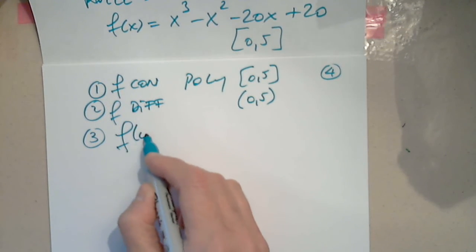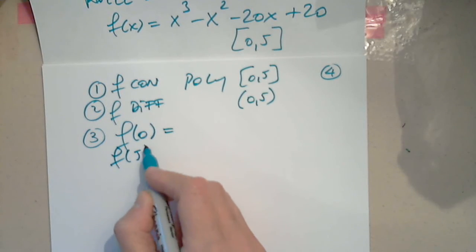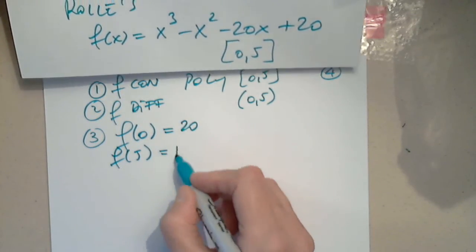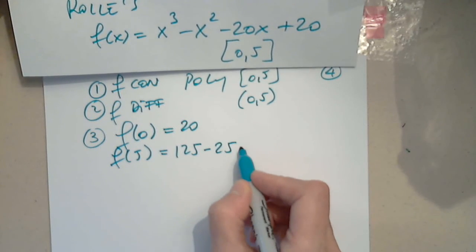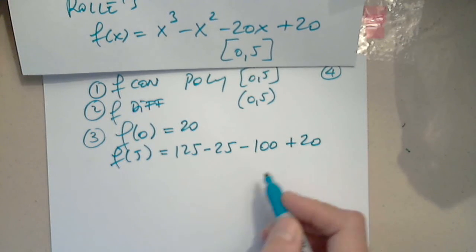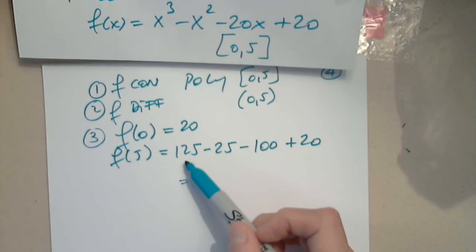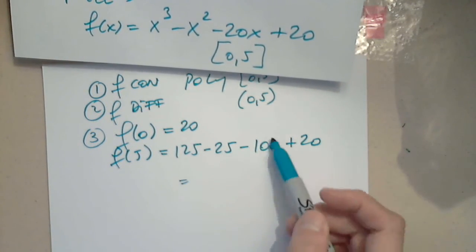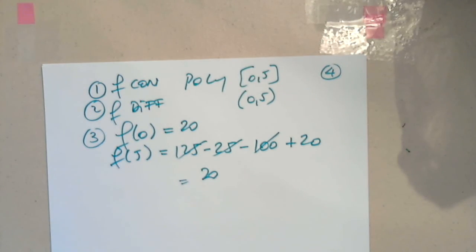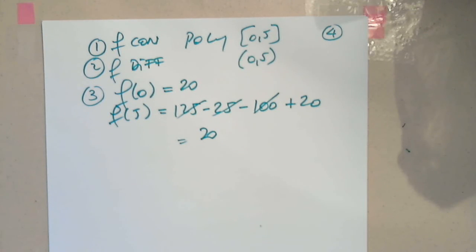I need to find f of 0 and f of 5. F of 0 is 20. F of 5 is 125 minus 25 minus 100 plus 20. So this is 100 minus 100, and it happens that it's 20. Therefore, all 3 conditions are fulfilled.